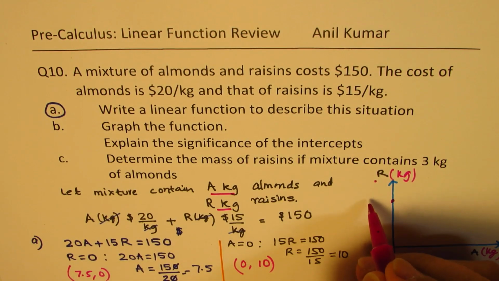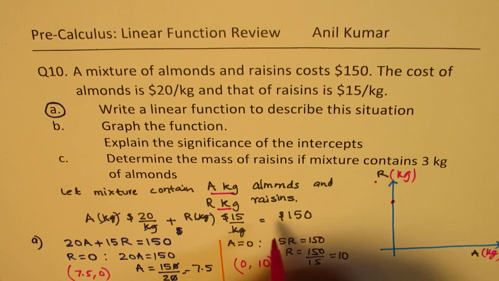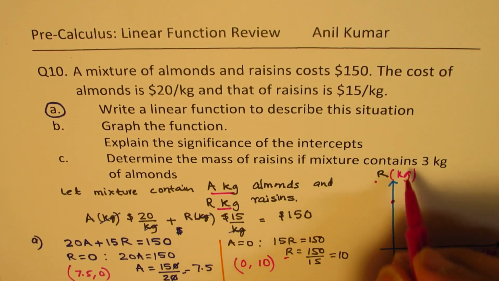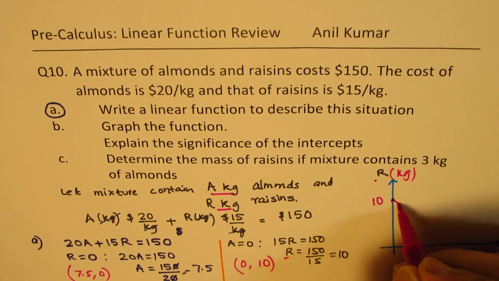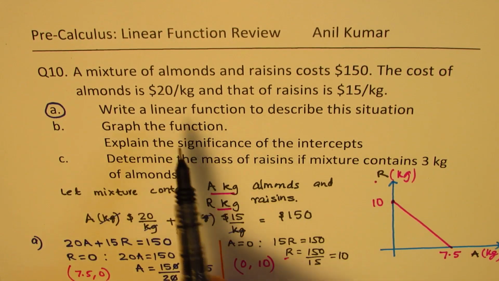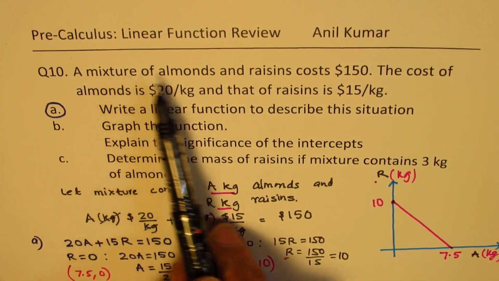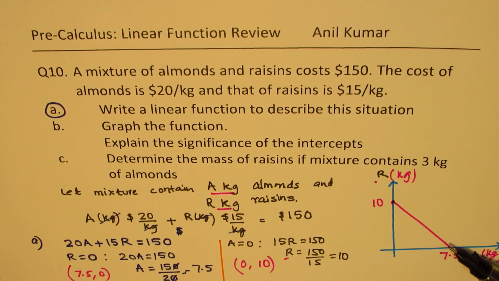In that case, raisins R will be 10, and almonds will be 7.5 kg. So this line represents the mixture constituents. The mixture of almonds and raisins can now be shown in terms of this particular line. Clear? If you use a graph paper, it will be better to do this question.